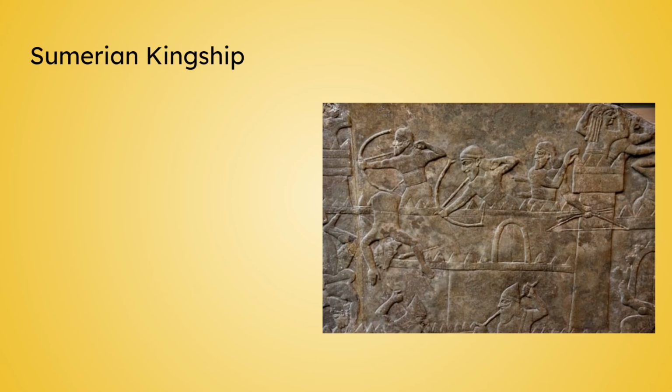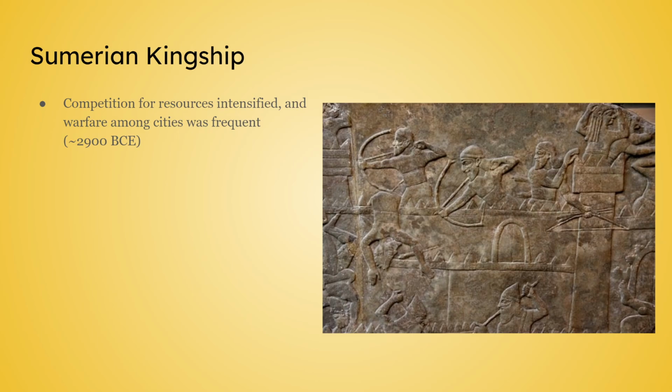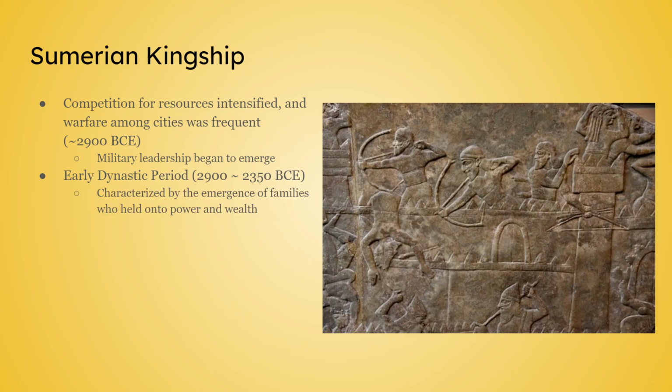Which brings us to the leadership at the time, Sumerian kingship. As competition for resources intensified, warfare among cities was far more frequent. Military leadership began to emerge in the early dynastic period, and this period is characterized by the emergence of families who held on to power and wealth. That's what a dynasty is.